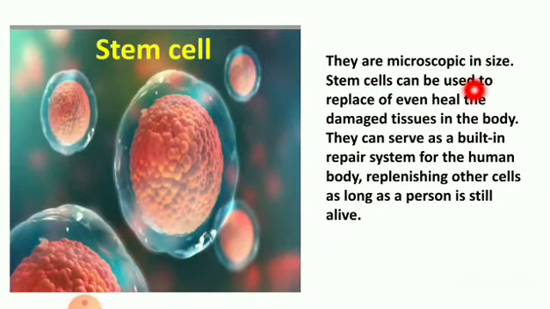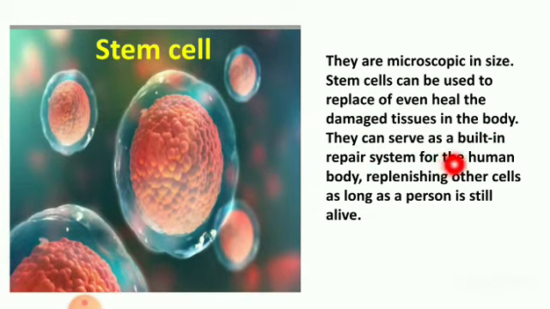They are microscopic in size. Stem cells can be used to replace or even heal the damaged tissues in the body. Note the word, stem cell can be used to replace or even heal the damaged tissues in a body.